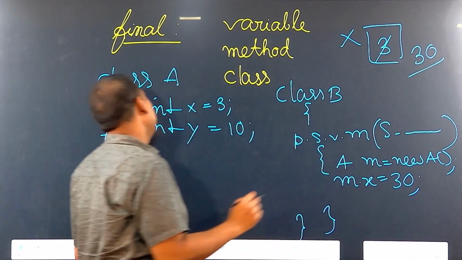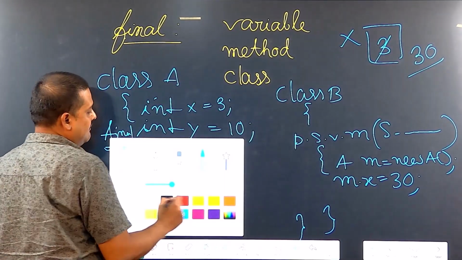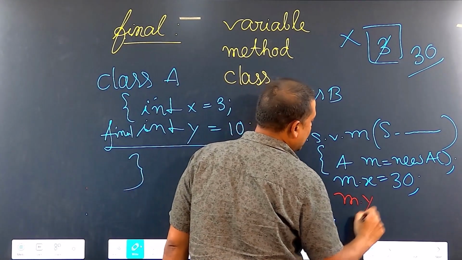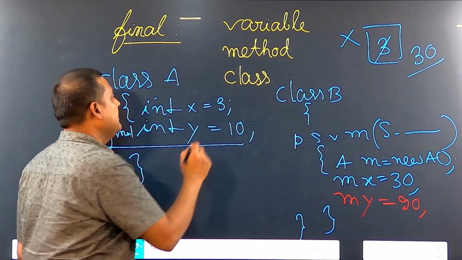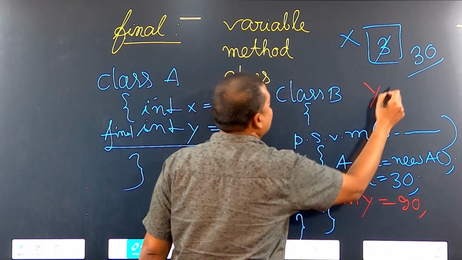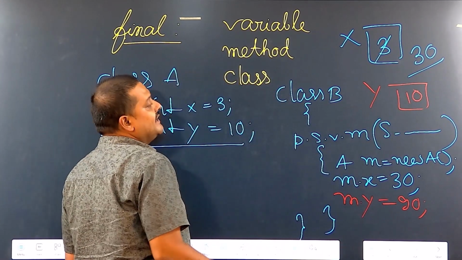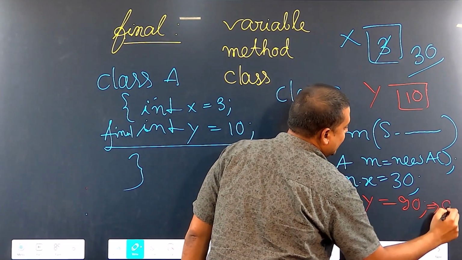But if I try to change the value of the final variable, if I write m.y = 90, then what will happen? If y is declared and initialized as 10, this will raise a compilation error.